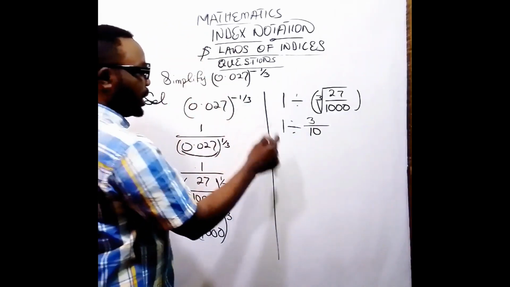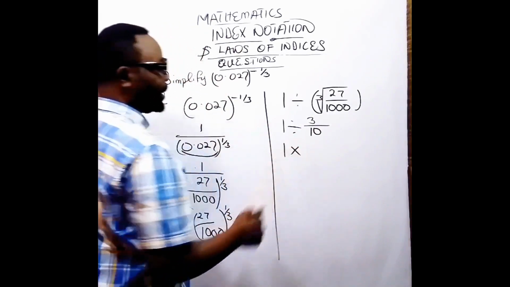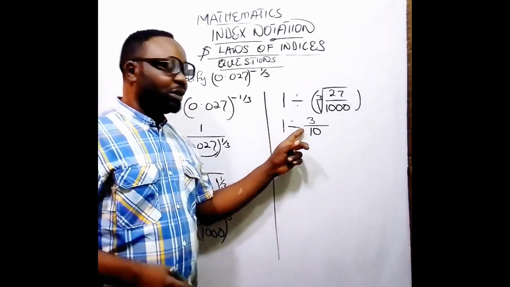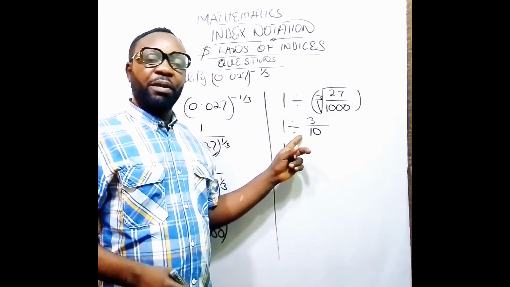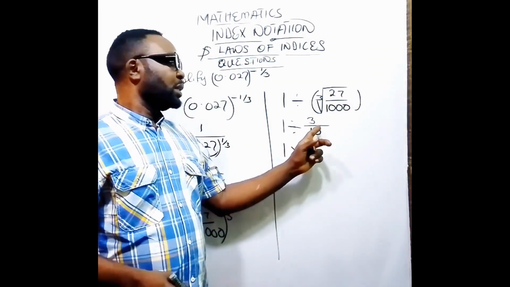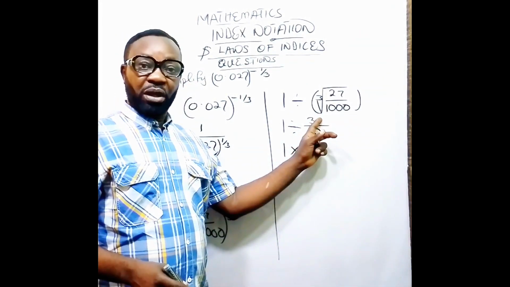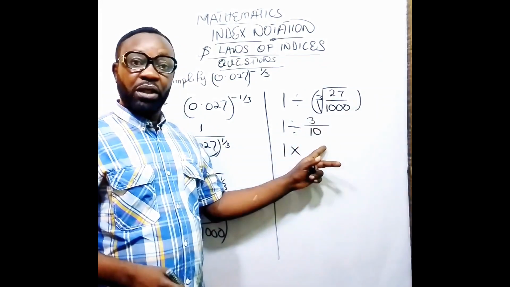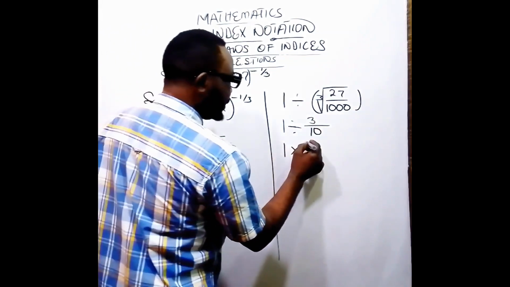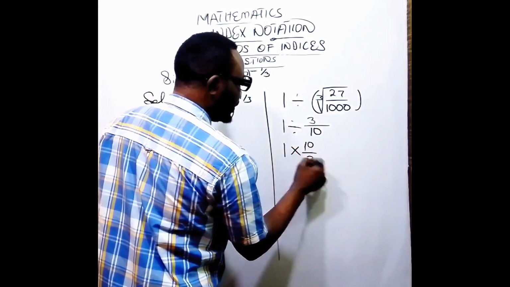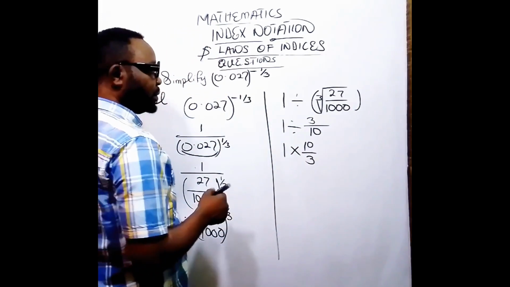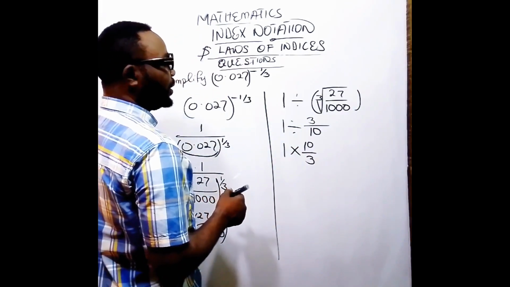So we have 1 multiplied by, immediately the division sign changes to multiplication, the denominator comes up to the numerator level, while the numerator goes to the denominator level. We're having 10 over 3. Am I communicating? Very good.